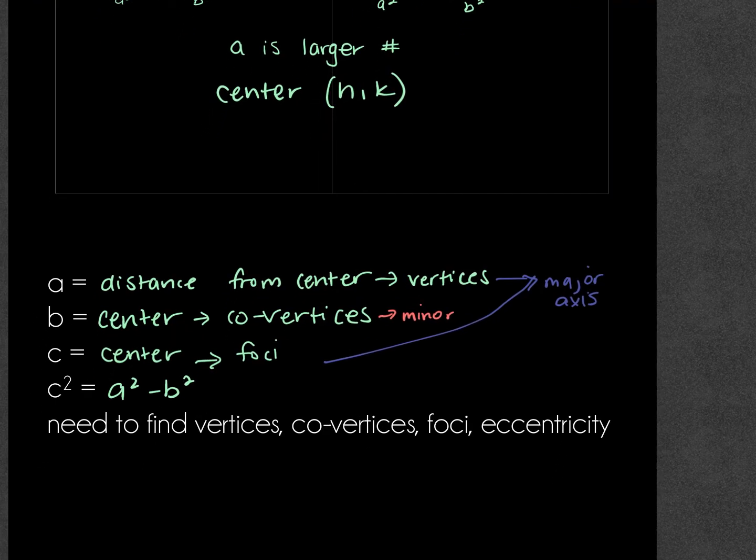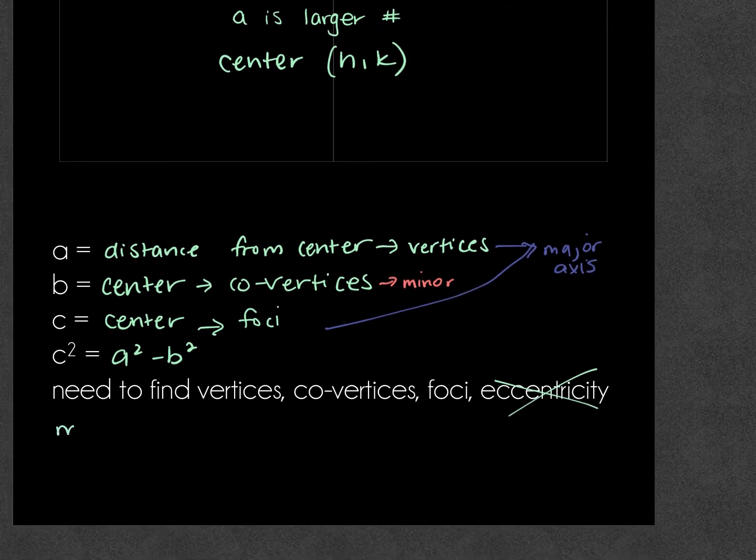You're going to have to be able to find your vertices, your co-vertices, your foci, and I took off eccentricity. The major axis is 2a, and the minor axis is 2b.